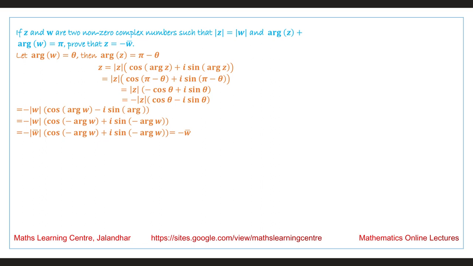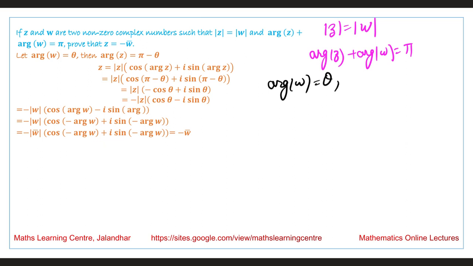The next question: if z and w are two non-zero complex numbers such that mod of z is equal to mod of w and argument of z plus argument of w is equal to pi. If we consider that the argument of w is equal to theta, then this equation implies that argument of z is equal to pi minus theta.